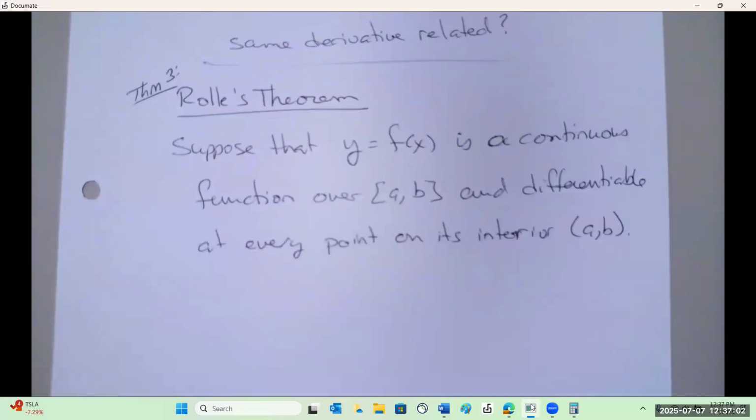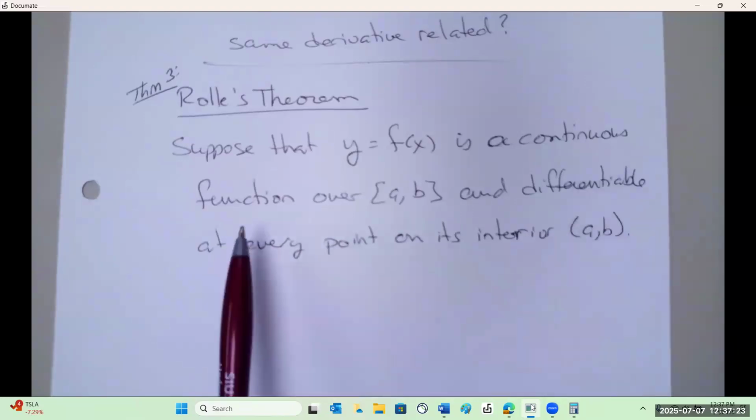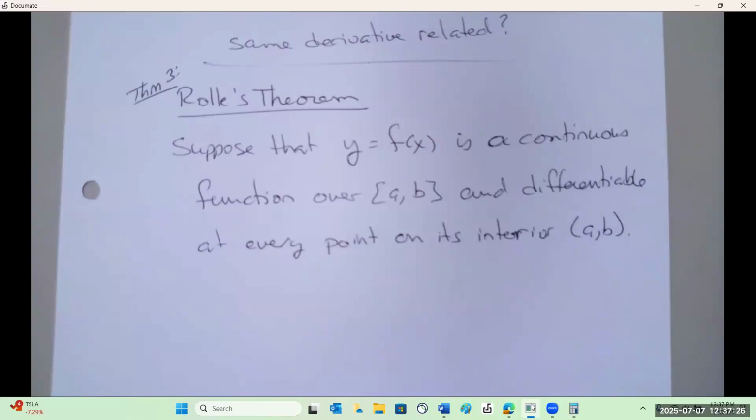So what does that mean first? Suppose that y equals f of x. F of x is a continuous function over its closed interval and differentiable at every point on its interior. What does that all mean? What does continuous mean? It's a continuous function. What does that mean to us?